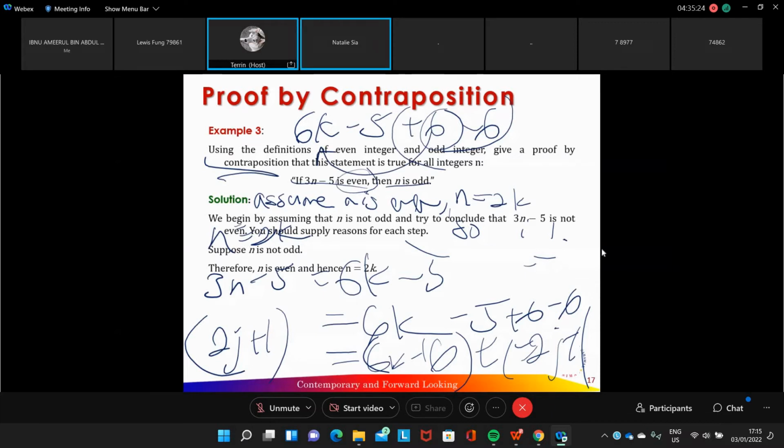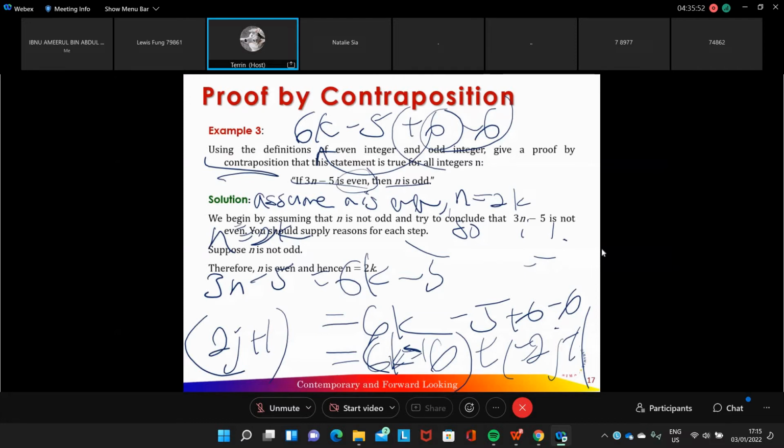Sorry, it shouldn't be 6k plus 6, it should be 6k minus 6. So this plus 6 minus 5 gives us the plus 1, so it's 6k minus 6 plus 1. Then you get it in the form of 2j plus 1, where j equals k minus 1, or 3k minus 3.